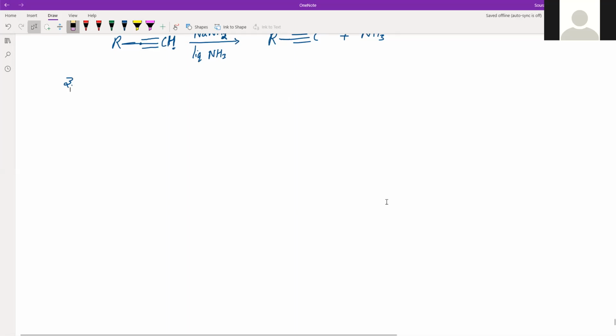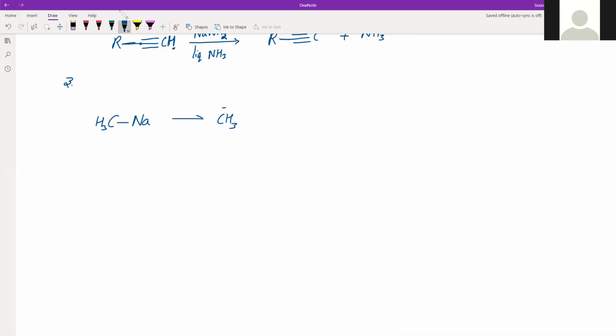Right. Now next and the most important thing which we will find is that this alkyl having bond with sodium. So now sodium is something which is more electropositive as compared to carbon. So in such cases, we will get CH3, and on CH3 there will be a negative charge, right?